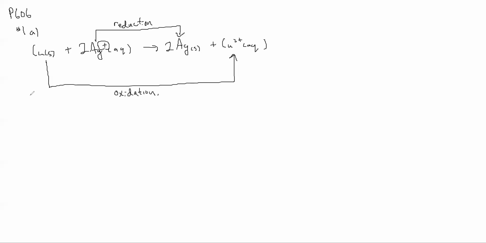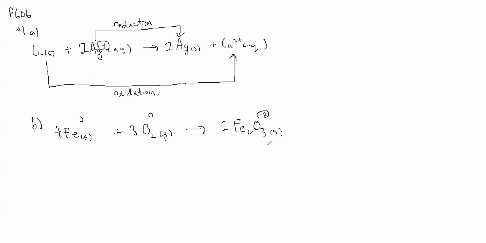Shall we try a slightly different one? Part B. 4 atoms of iron plus 3 oxygen molecules became 2 Fe2O3 solid. All right. What is the oxidation number of iron? Well, it's just an atom. It's 0. It's an element. How about oxygen gas? Again, the element is 0. However, in this particular molecule, we know that oxygen is always going to have an oxidation number of 2 minus.